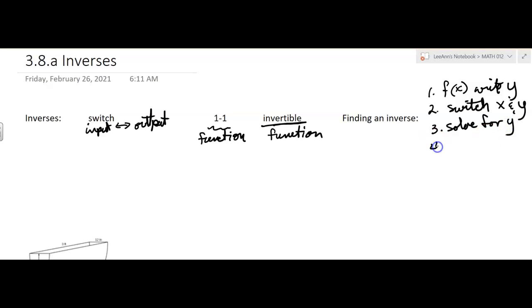And then finally we use that inverse notation. So you replace y with f inverse of x. So remember, that's not a negative exponent, it's the inverse notation. Okay, and we'll go over these things as we go through this section.